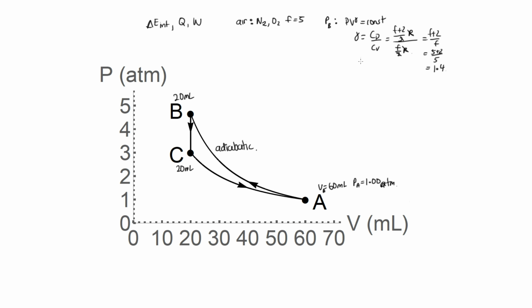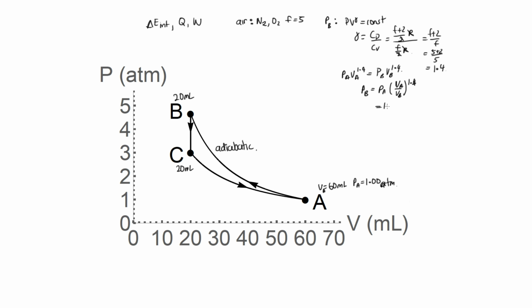So using our adiabatic equation, we've got that PA VA to the 1.4 is equal to PB VB to the 1.4. And so PB is equal to PA times (VA/VB) to the 1.4.